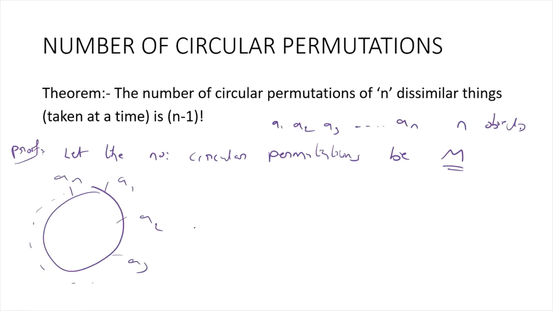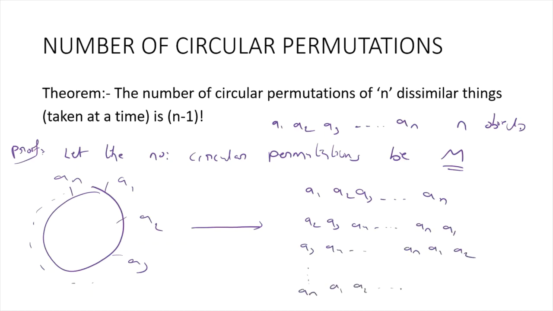This one circular permutation gives rise to n linear permutations: A1, A2, A3 and so on up to AN; A2, A3, A4 and so on up to AN, A1; A3, A4 and so on up to AN, A1, A2; and so on, up to AN, A1, A2 and so on up to AN minus 1.